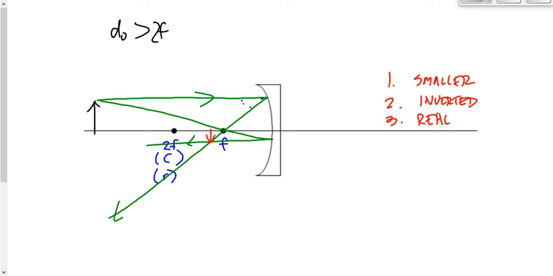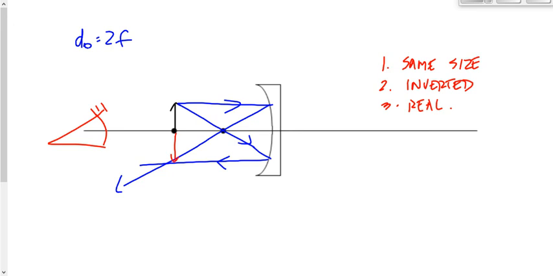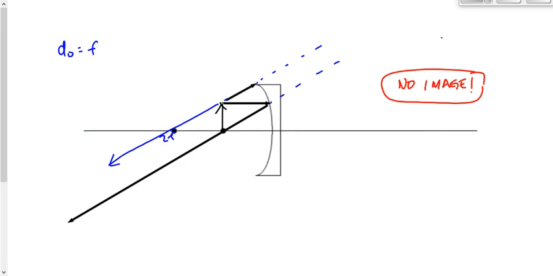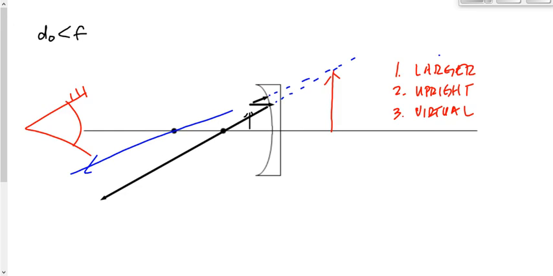If we had an object distance beyond 2f for a converging lens, these are the characteristics that it produced. If we had an object that was at 2f for a converging lens, these are the characteristics. If we have an object that's between f and 2f for a lens, these are the characteristics. If we had an object that was at f for a converging lens, there was no image. And if we had an object that was smaller than f for a converging lens, these are the characteristics.